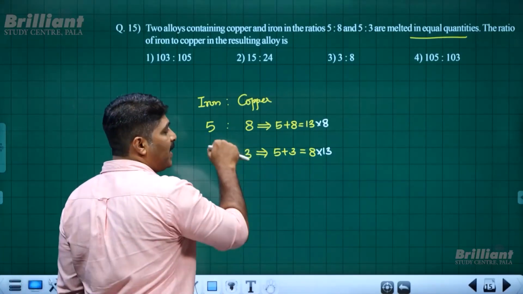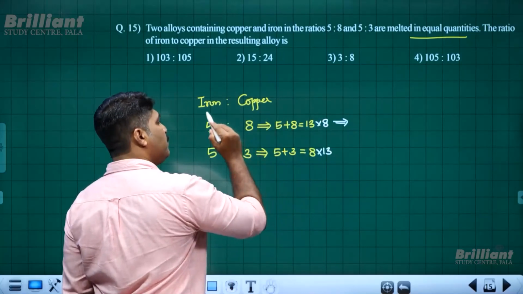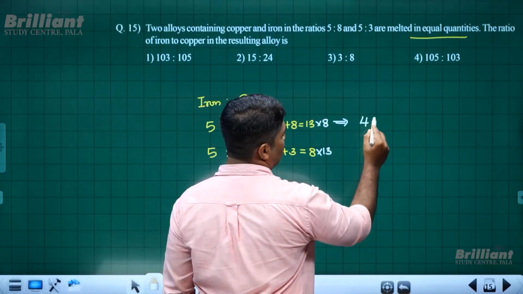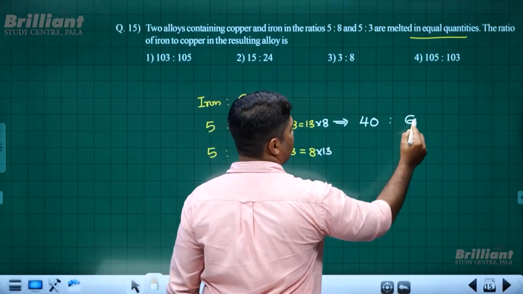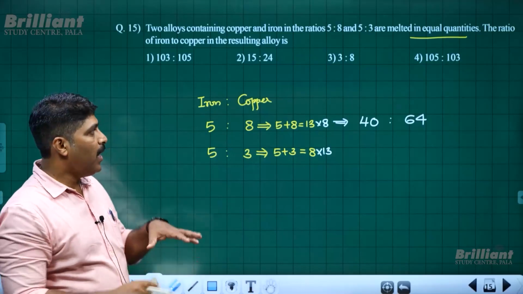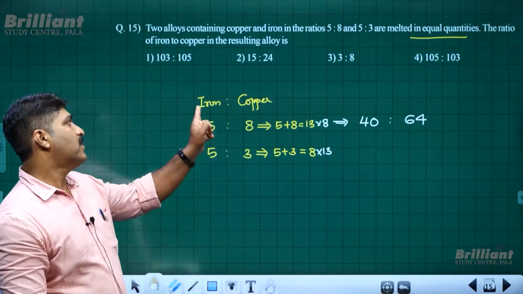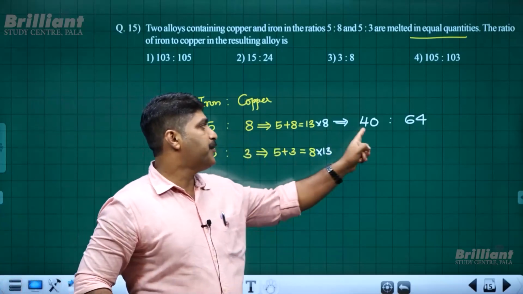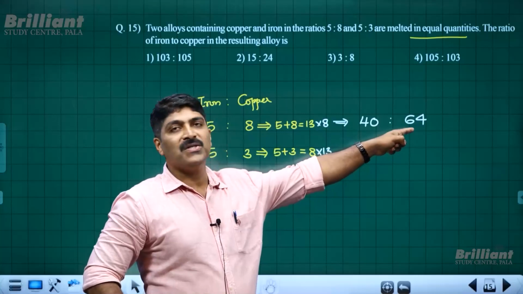So the quantities here: 8 into 5 is 40, and 8 into 8 is 64. Got it? So in the new mixture, from the first alloy we took 40 units of iron and 64 units of copper.